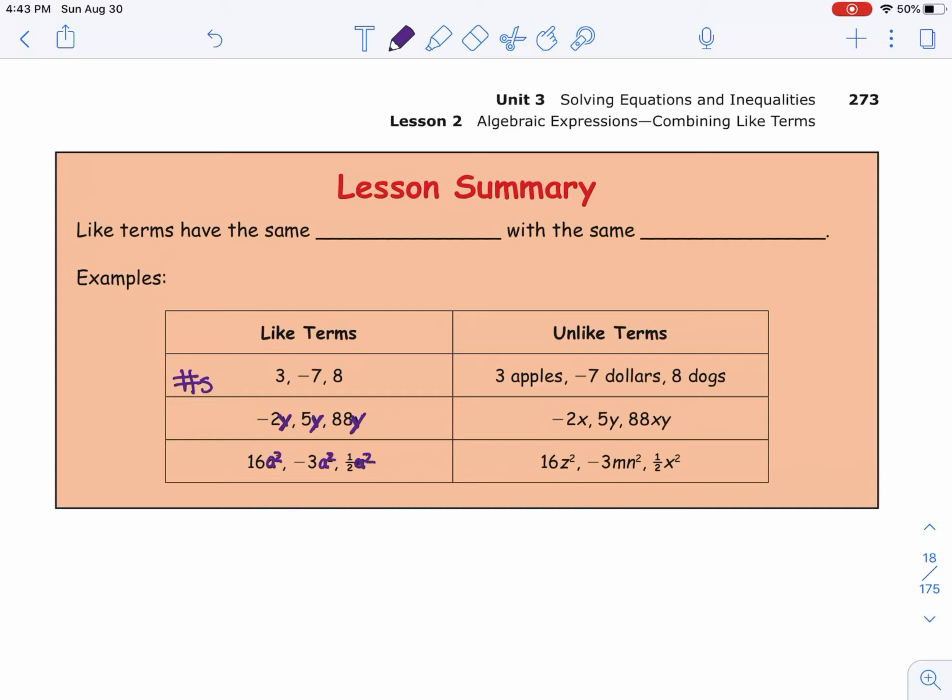But notice that this thing that says y and this one that says xy, those are not the same. And guess what? Neither is y squared. So like terms have to have the same variable, which is a fancy word for letter, with the same exponent, which is that tiny number up high.